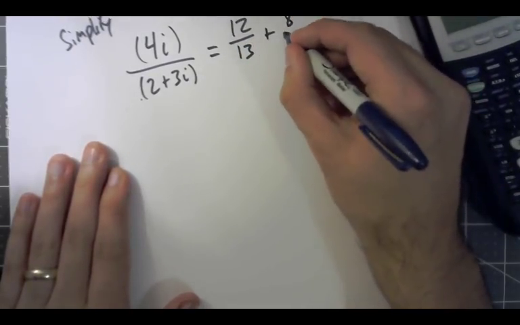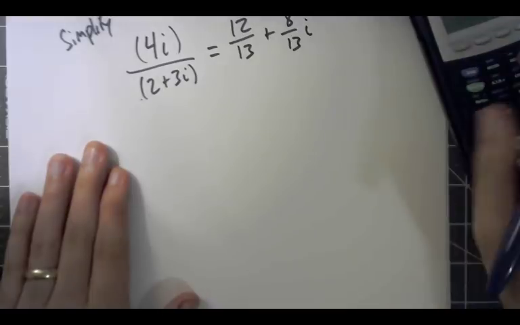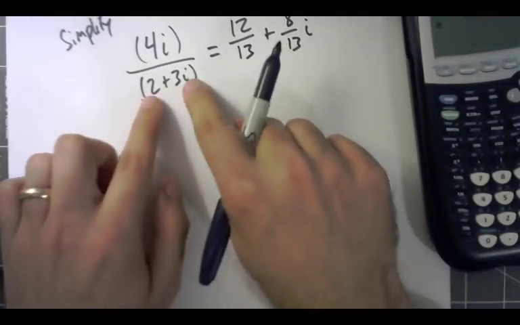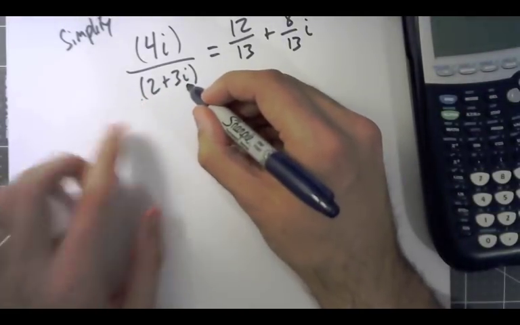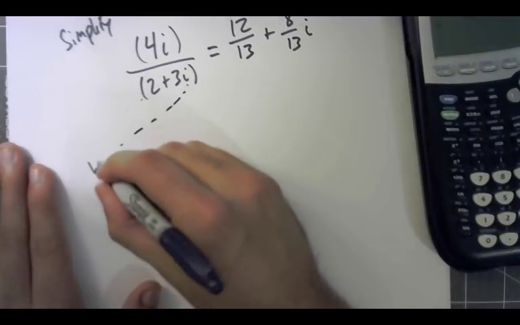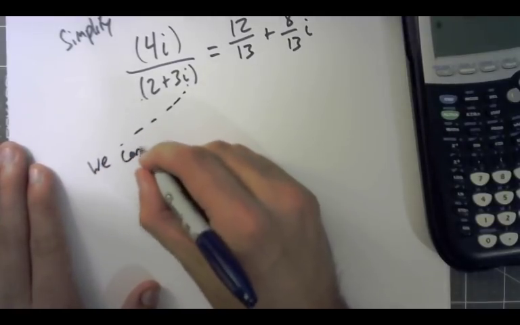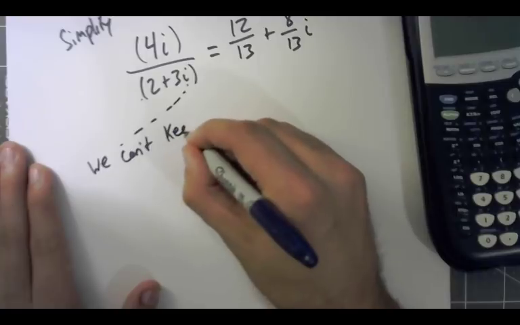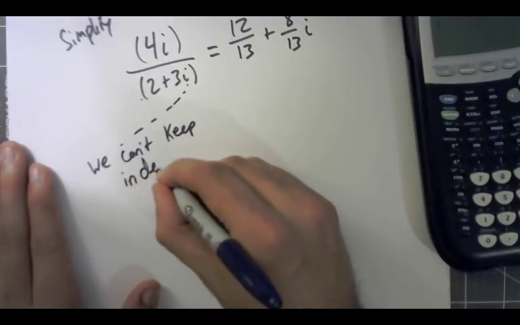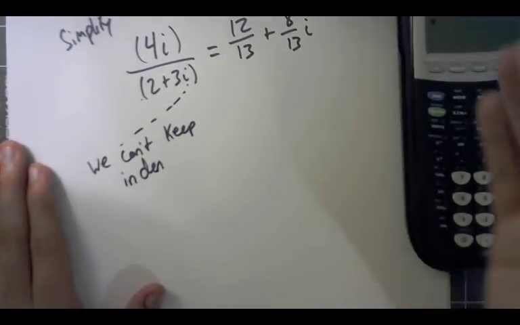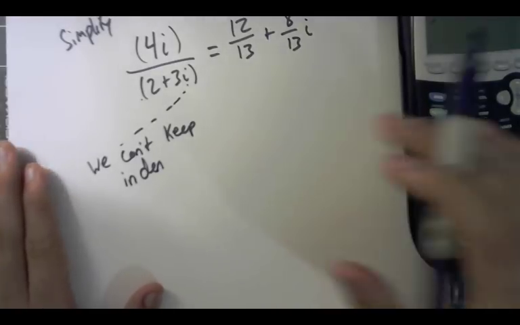Press math and then frac. You don't have to scroll anywhere. You get this. This is a simplified version because we can't keep i in the denominator. So we put it in our calculator, and it does this for us.